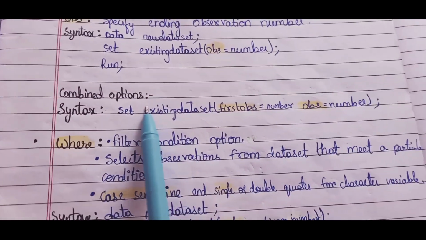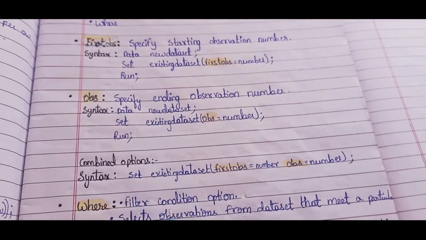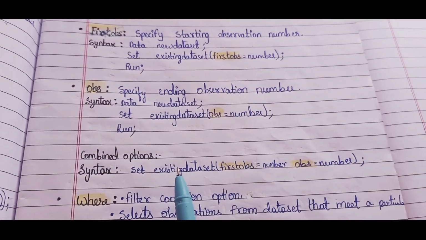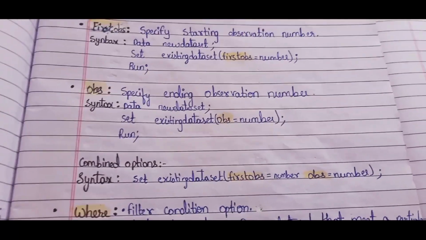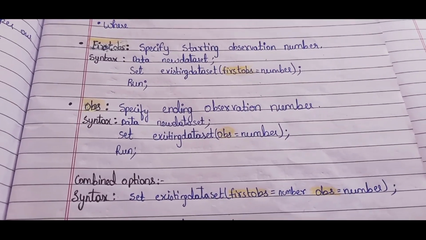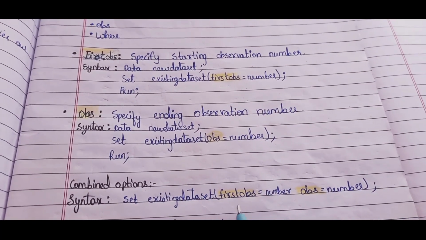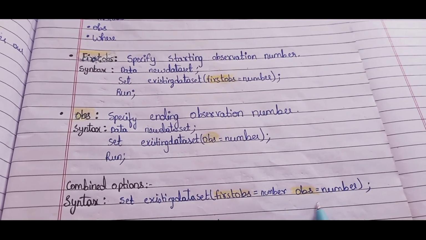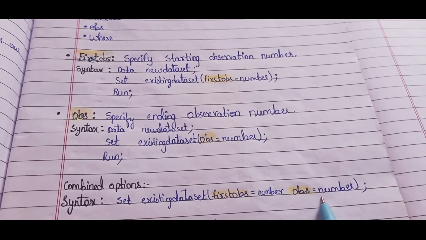Next, combined options. Combined options means I'm using first OBS and OBS together. I have 1 to 10 observations, and from that I want 5 to 8 observations only. To select the middle observations, we use the combined option: first OBS equals 5 and OBS equals 8, so it will print 5 to 8 only.